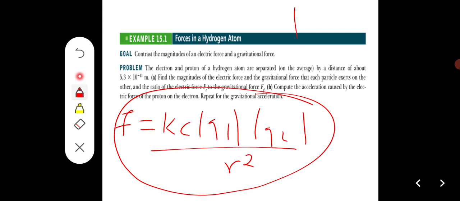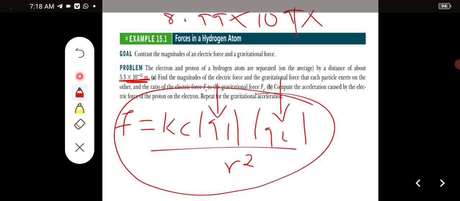So when you put in the charge, I gave you the values, which is 1.6 times 10 to the power negative 19 coulombs. Then the distance we have is here. Then Coulomb's constant is 8.99 times 10 to the power 9 newtons.